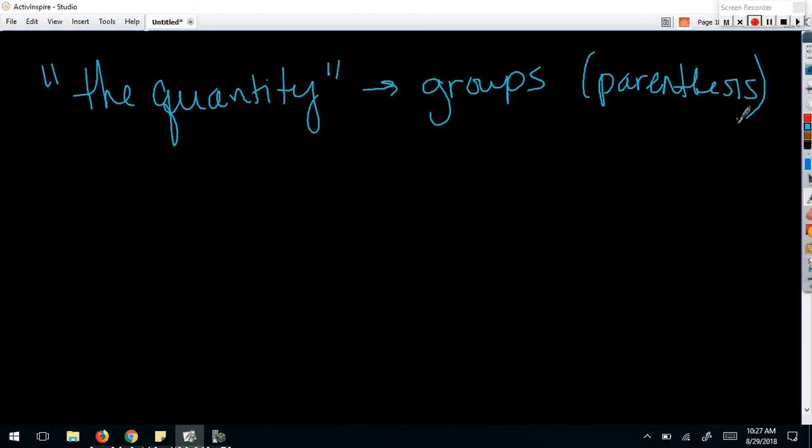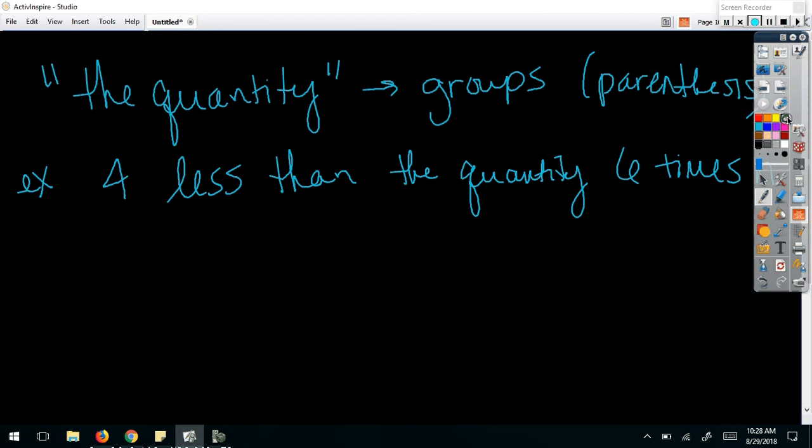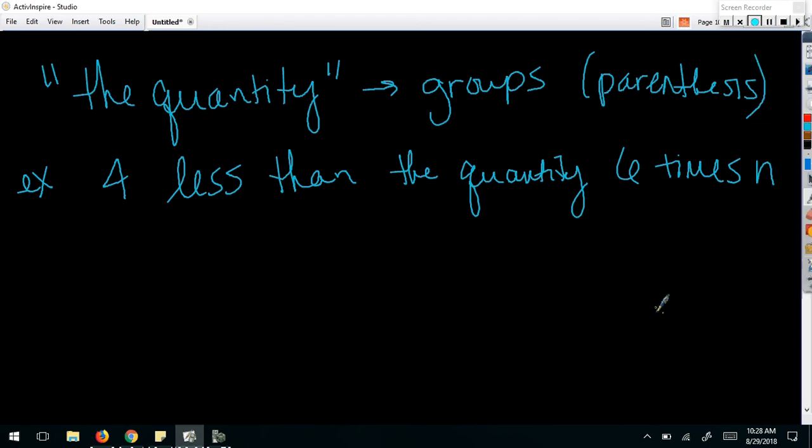Okay. Let me give you an example. 4 less than the quantity six times n. All right, so now you got to be very careful here though, because remember about the less than. First thing I'm going to do is I know that this quantity is going to mean that these two things are together, right?